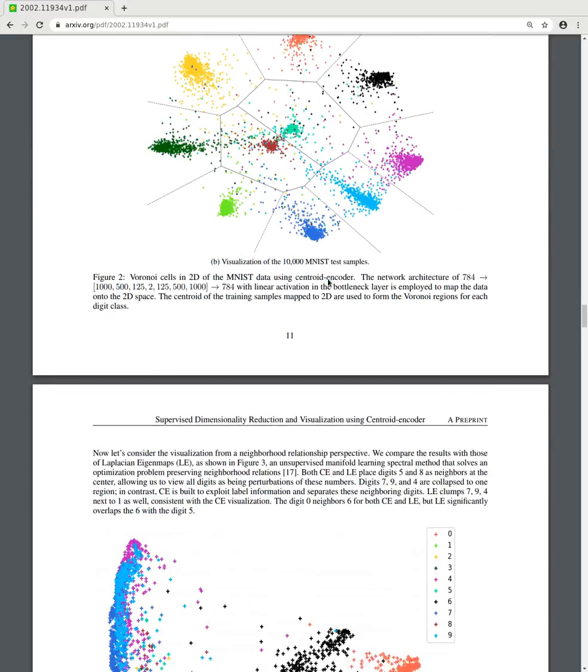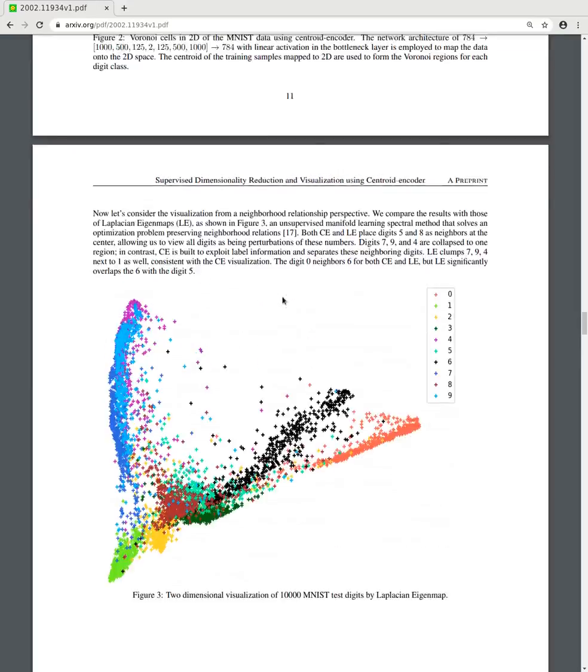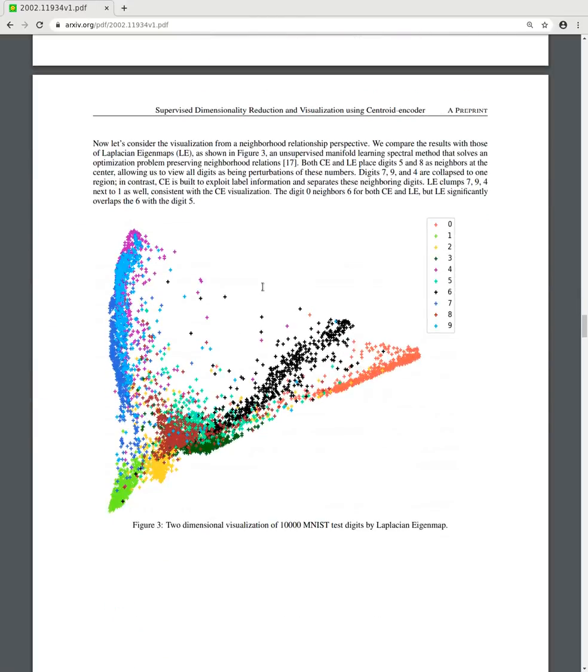And they have this comparison to the test digits by Laplacian eigenmap. So it's very different.